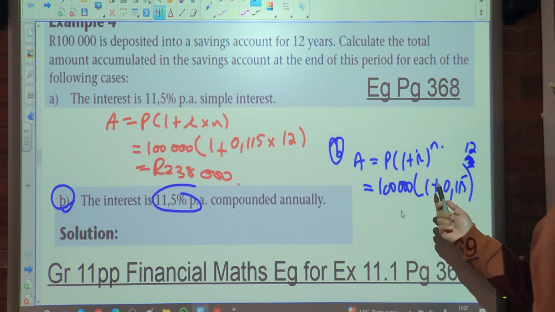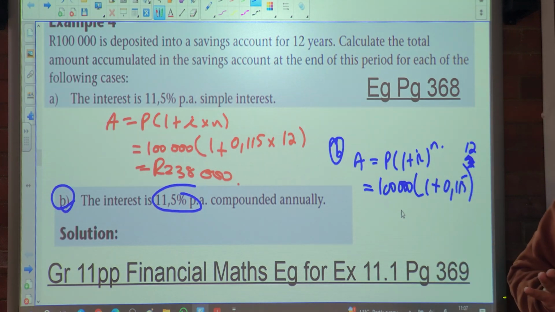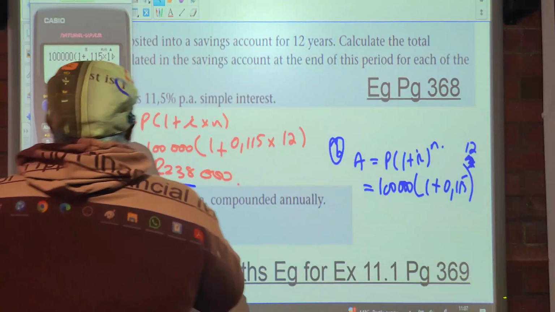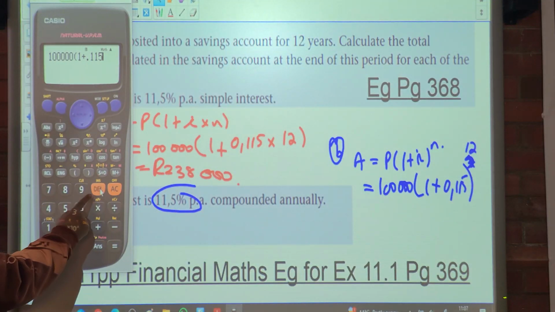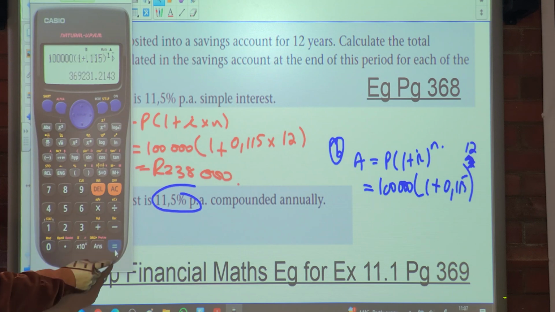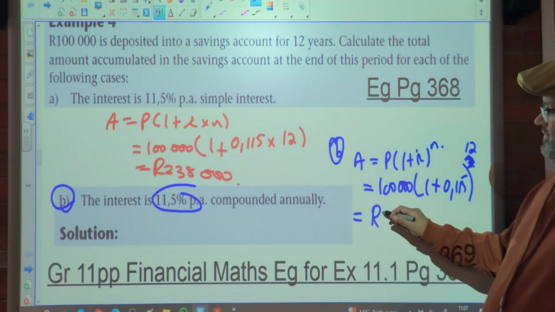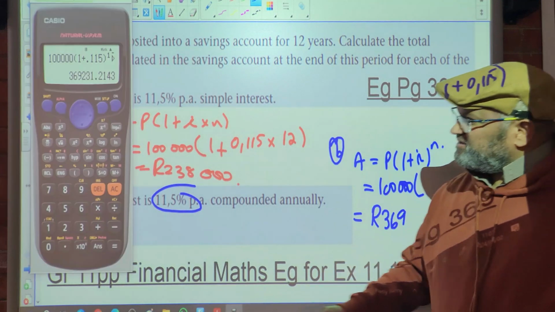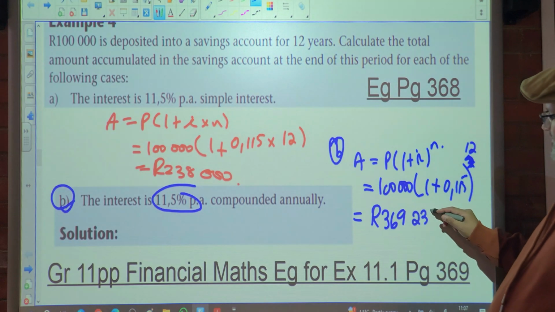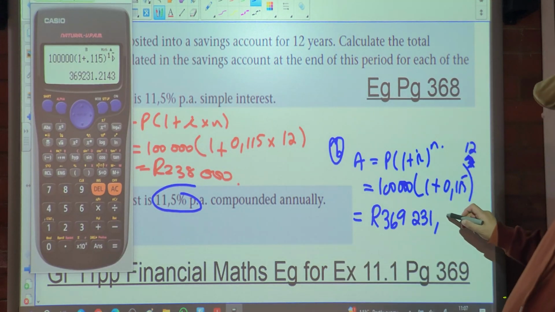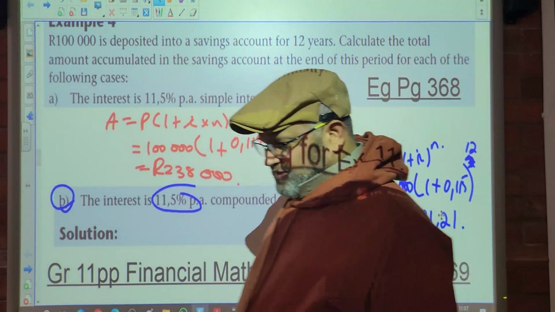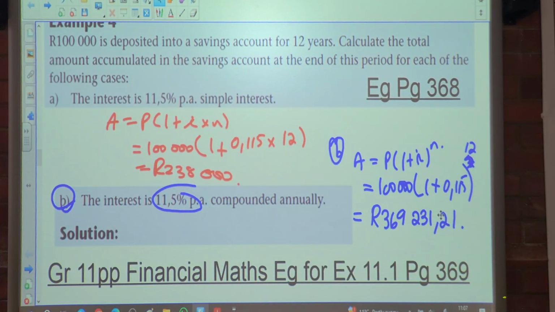If you're the kind of girl that wants to put it over 100, no problem, no blame on you. So, to the exponent 12, that gives you 369,231 rand and 21 cents. So this person is earning 269,231 rand and 21 cents in interest.